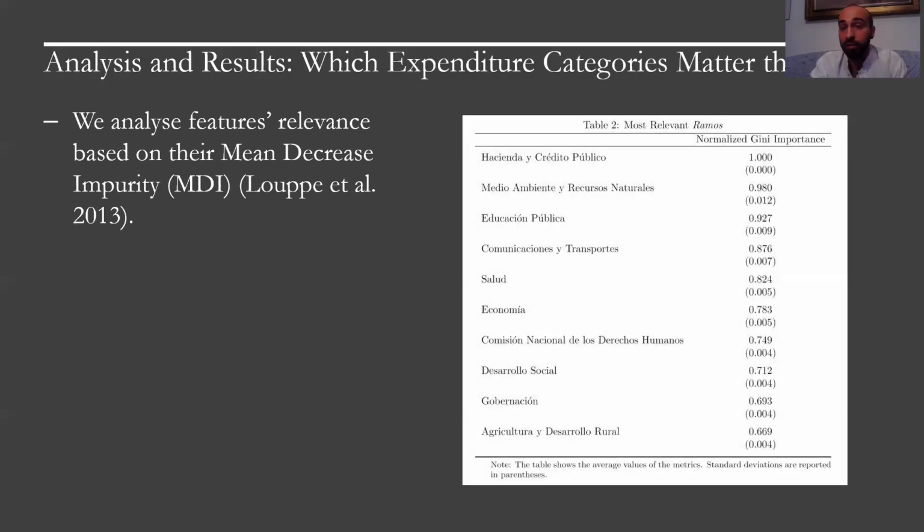The table here reports the normalized values of Gini importance for the 10 most relevant ramos. Here we normalize the values considering only the dummy variables for the ramos, because basically we are only interested in the relative importance between these inputs.